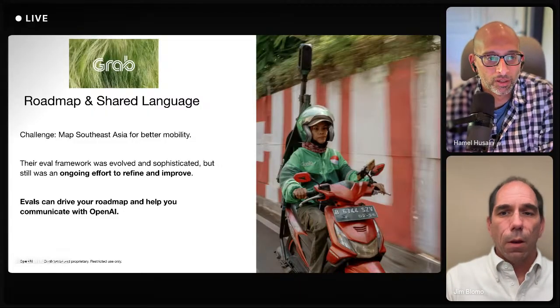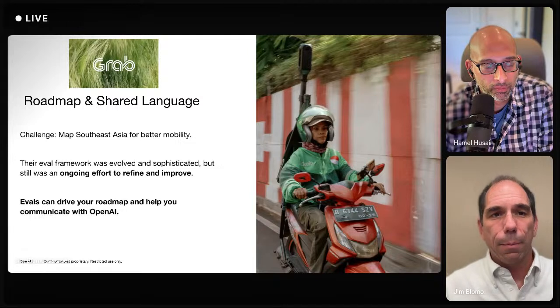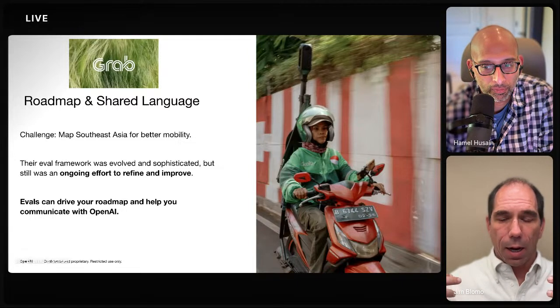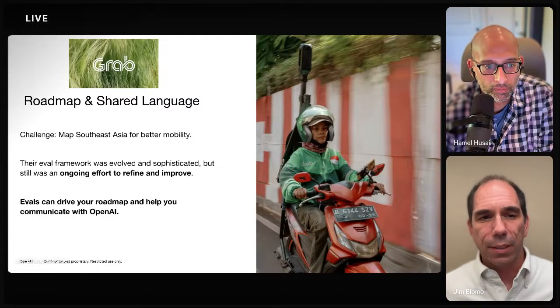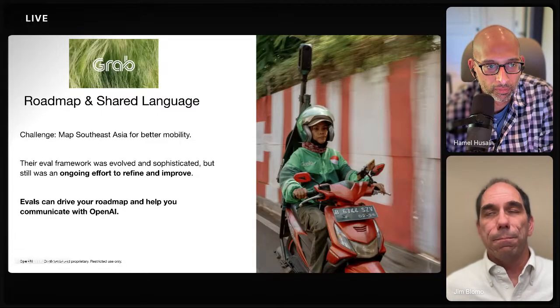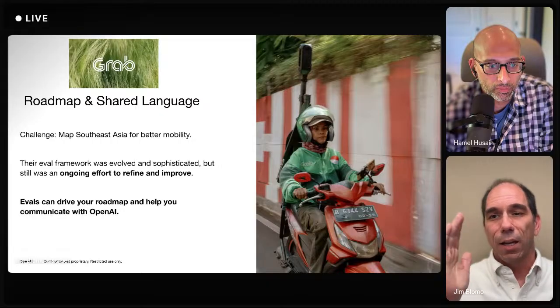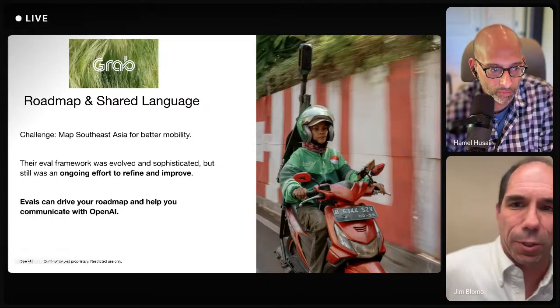Awesome. So one of the next lessons I wanted to touch on was from Grab, a partner who wanted to provide better maps for Southeast Asia. They were finding the maps from existing providers didn't account for all of the nuances in Southeast Asia, streets that only a scooter or only someone walking could get through.